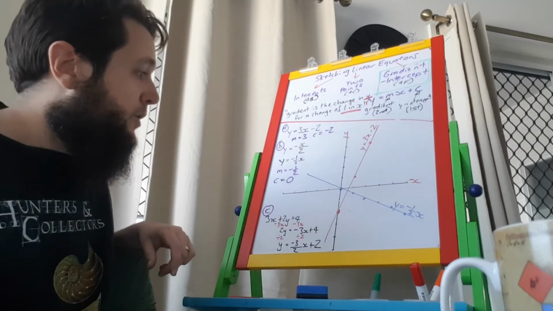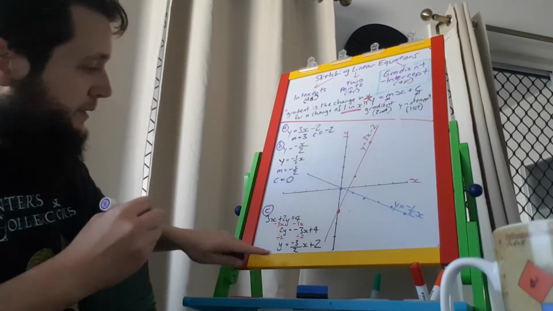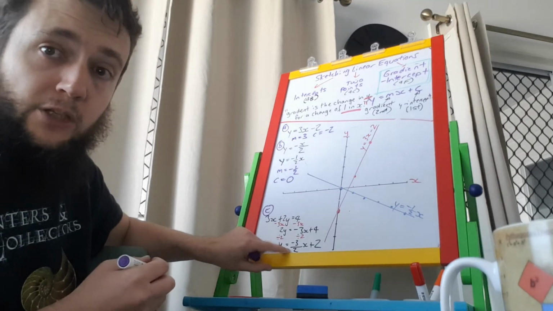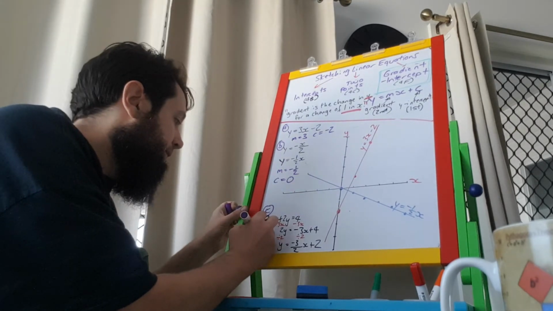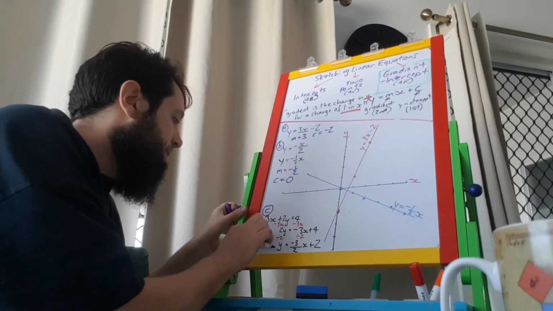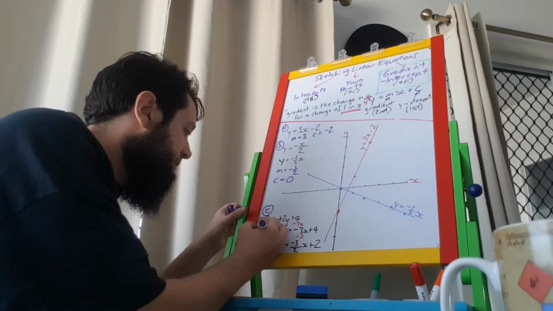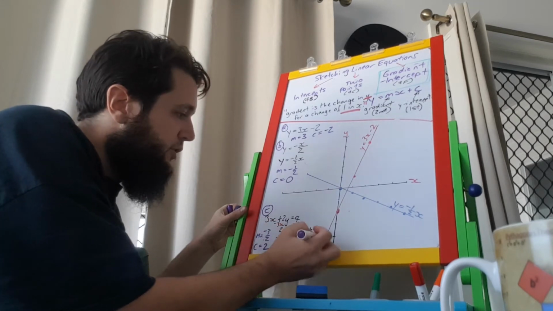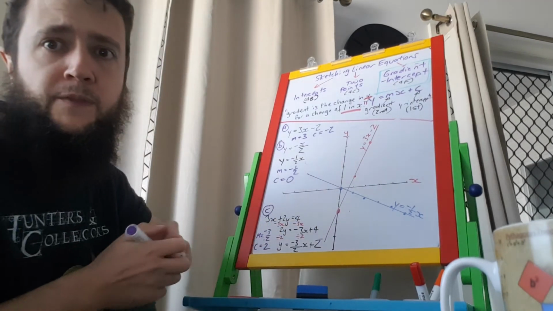Alas, now we at least know what we're dealing with. We have a gradient of negative 3 over 2, negative 1.5. So m is negative 3 on 2, and c is just 2 on the end there.